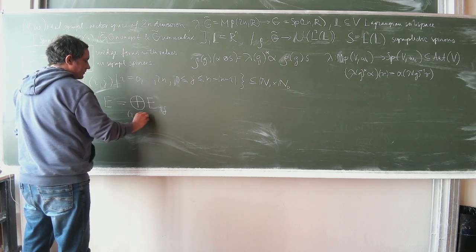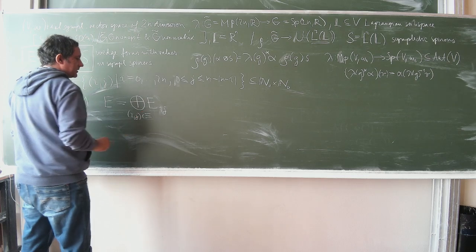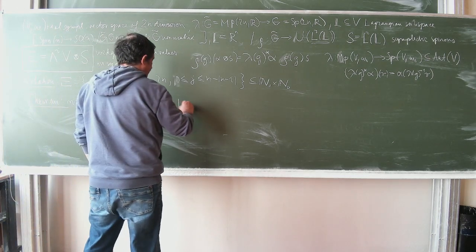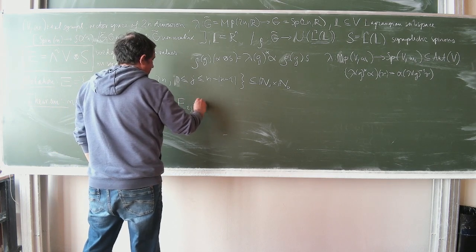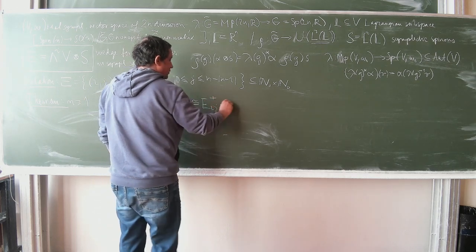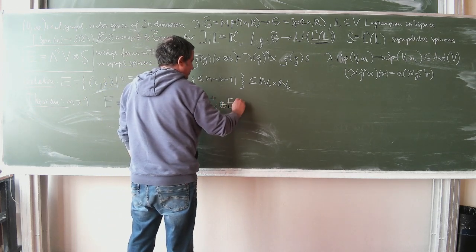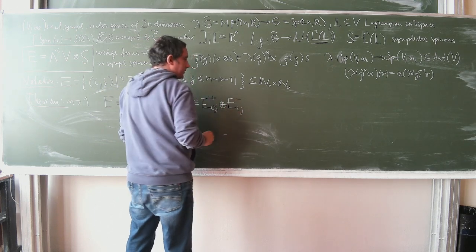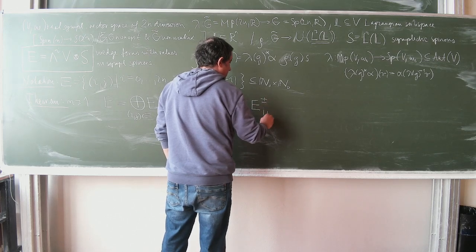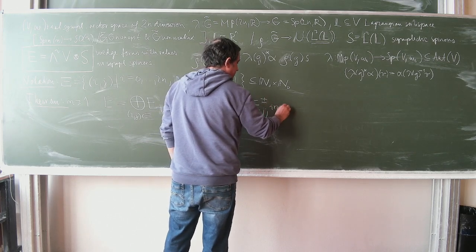Each E_ij decomposes into just two non-trivial irreducible representations.